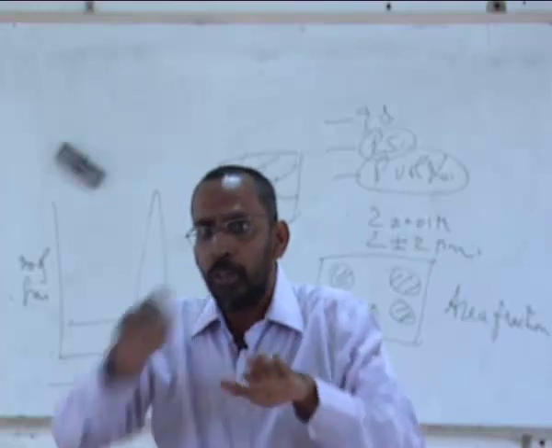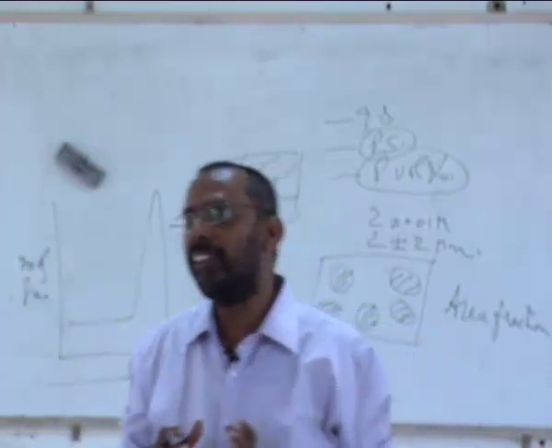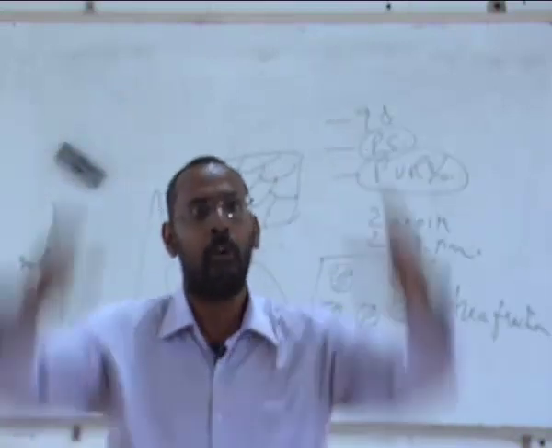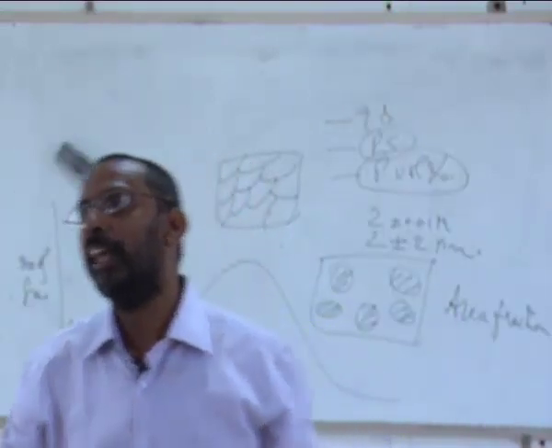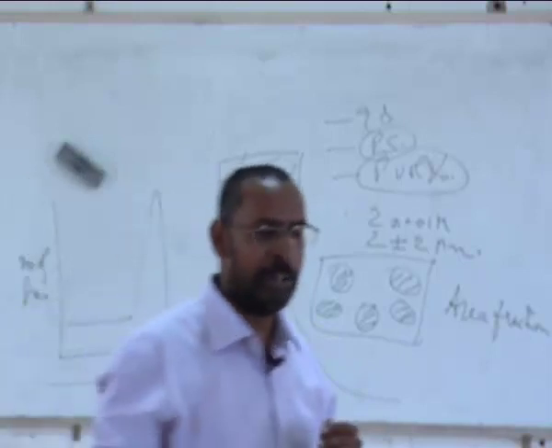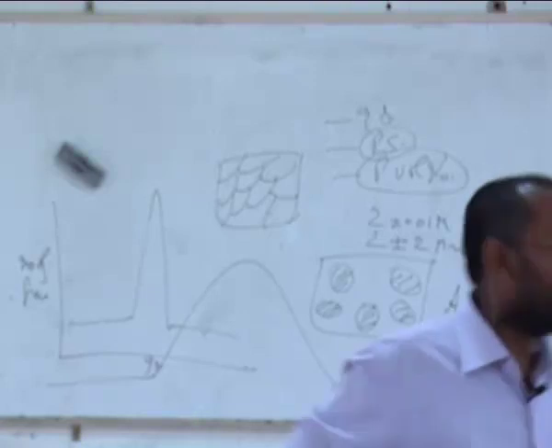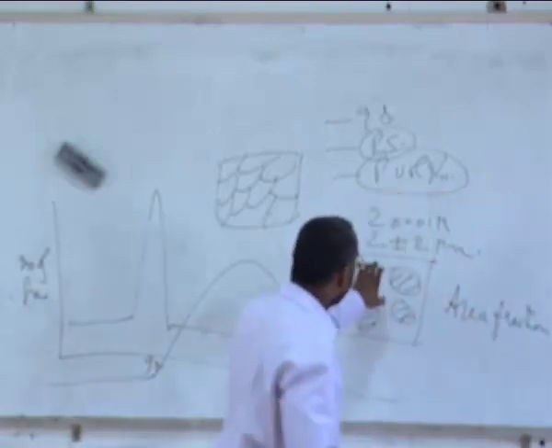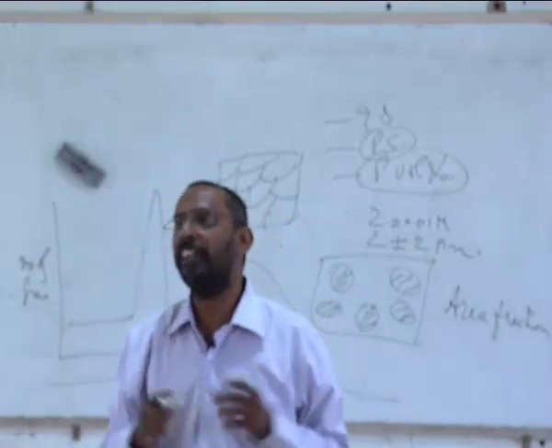And now what you are showing is only a section of that. Is this section giving you complete information of the whole solid or not, is a question. That is where a lot of research has gone in: how do I connect this 2D information to the 3D information contained in the material?